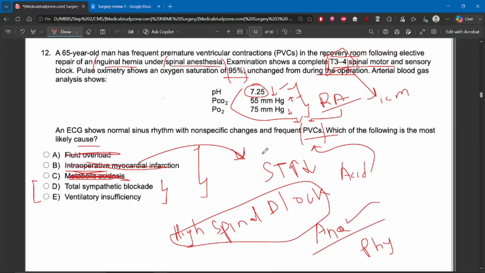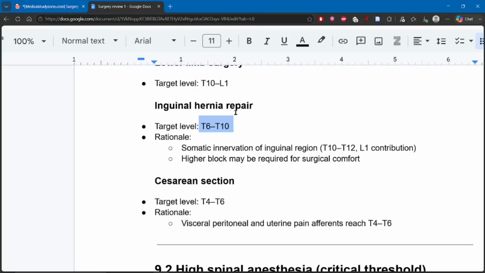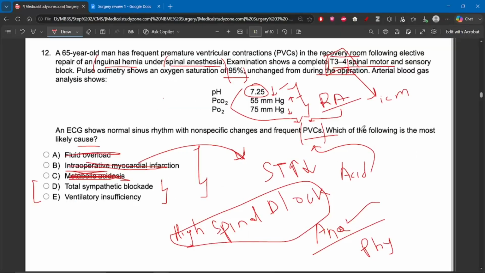So even if you don't know all of this, like you don't know the spinal segments, you still have an idea that T3 to T4 power your intercostal muscles, and if T3 and T4 are completely blocked, because they mentioned that motor and sensory block is there, they've clearly mentioned.